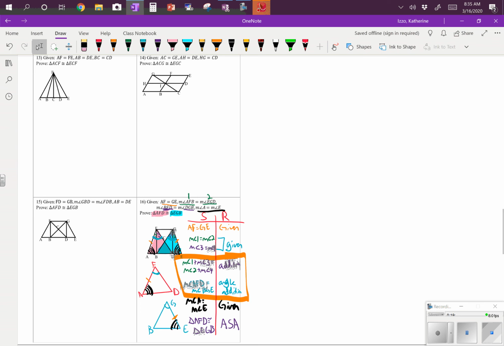If we take a look at question number 13 through 16, we are doing either angle or side addition. I've done 16 for you. If we take a look at what we've done for 16, we had a whole bunch of angles up top that we had to merge to make that beautiful angle in each of our triangles.